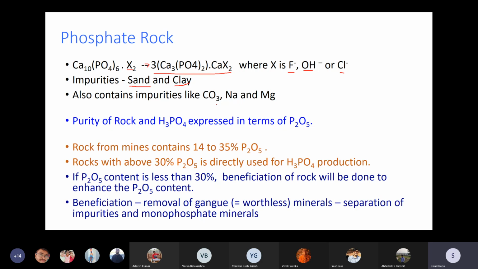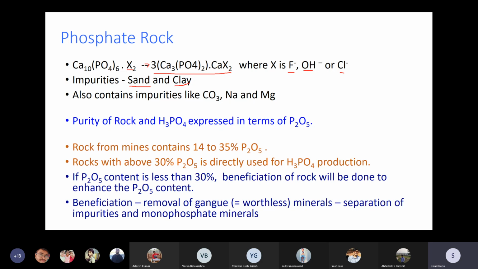The carbonates of sodium and magnesium will also be there. So the predominant impurities could be fluoride, hydroxyl, or chlorine combined with calcium, or sand and clay. Very minute impurities like carbonates of sodium and magnesium will also be there.